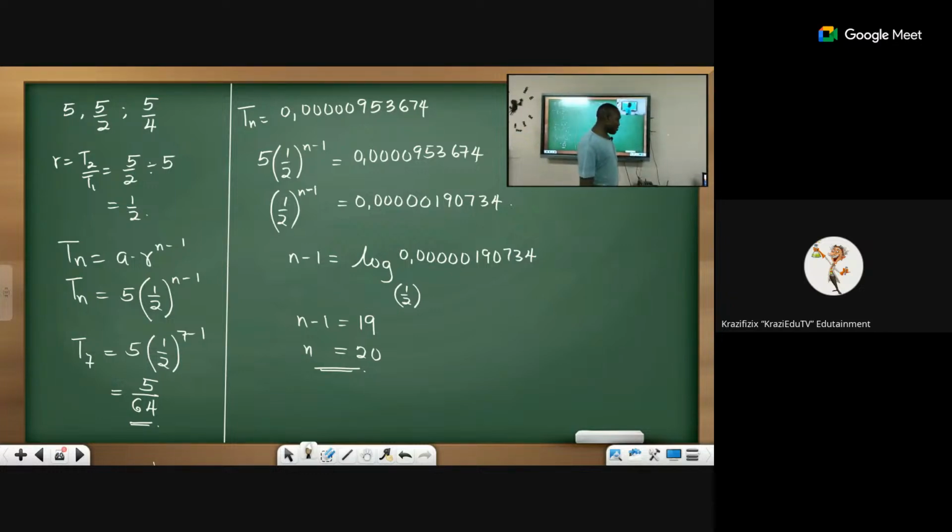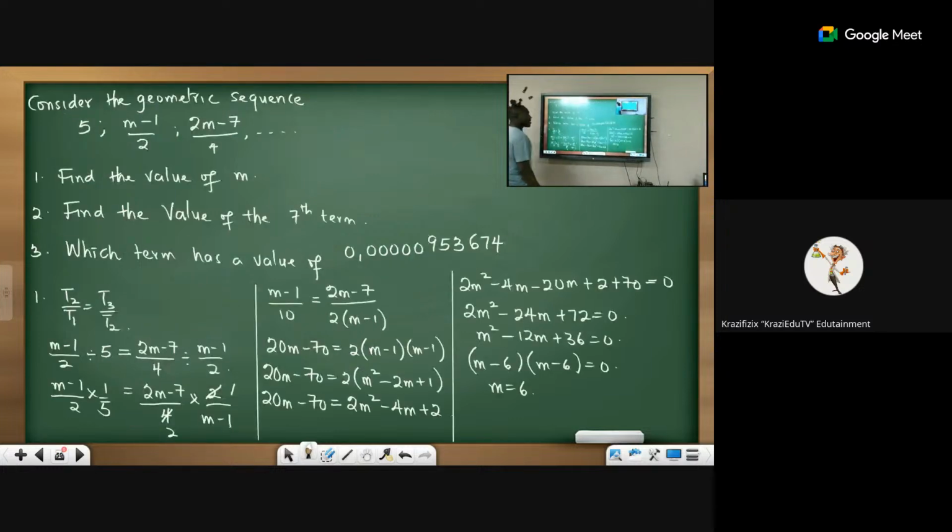Let me know if this makes sense, guys. Sorry, how did you get that value, 0,000953 and then the other decimal value? This is the question. Read question number 3. Which term has a value of 0,000953674?